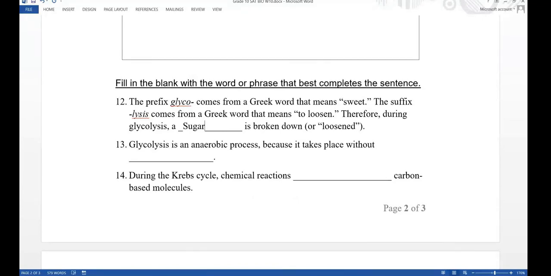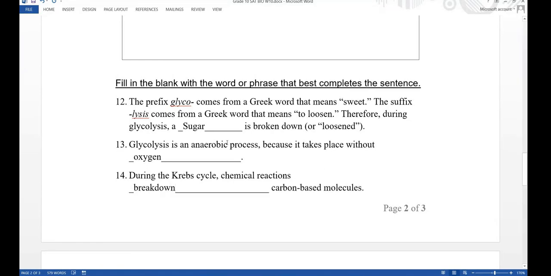Number 13, glycolysis is an anaerobic process because it takes place without oxygen. During the Krebs cycle, chemical reactions dash carbon-based molecules. What do they do, the chemical reactions? Break down. They break down the carbon-based molecules.